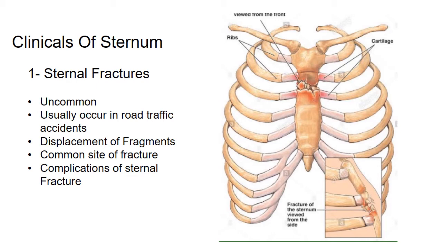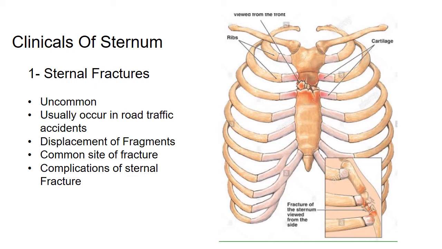If a sternal fracture occurs, then what would be the displacement of fragments? This is very important. Displacement of bony fragments in cases of sternal fractures is uncommon because the sternum is invested by the deep fascia and the sternal attachments of the pectoralis major muscle, which is very strong.